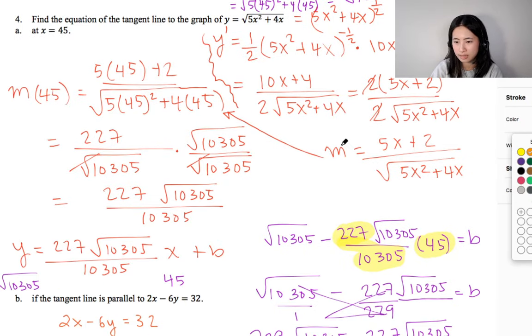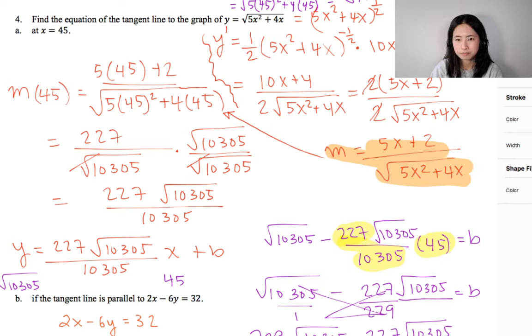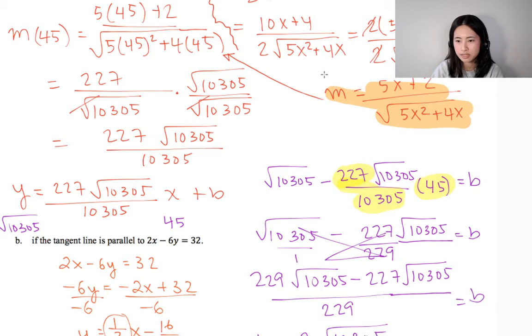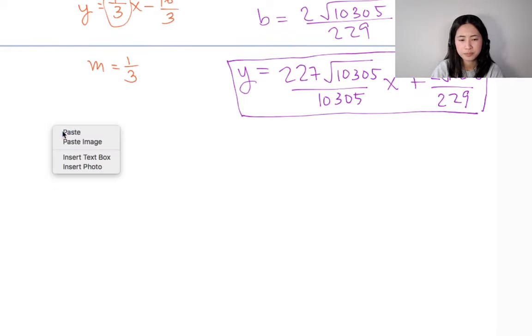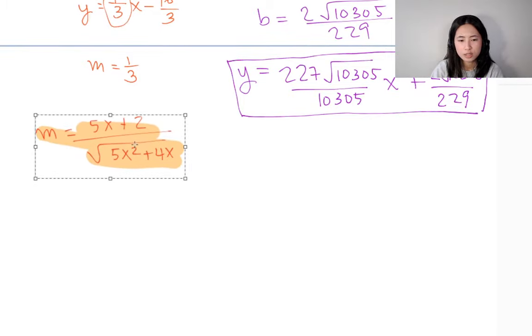Okay, we said that this is 5x plus 2 over square root of 5x squared plus 4x, right? So literally, we just need to copy this. Okay. So we have 5x plus 2 over square root of 5x squared plus 4x, right?